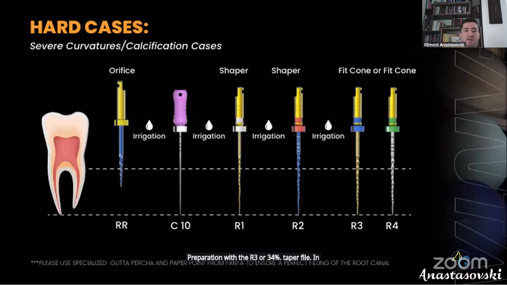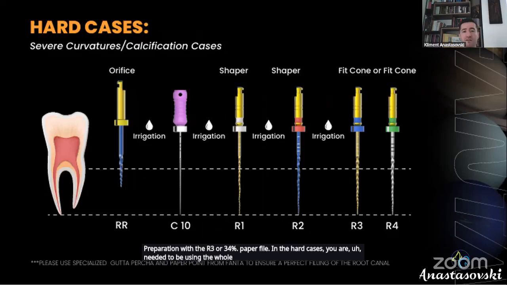In the hard cases, you need to use the whole file system actually, starting from the orifice opener file, the RR, then measure the working length, always do irrigation between any file change.